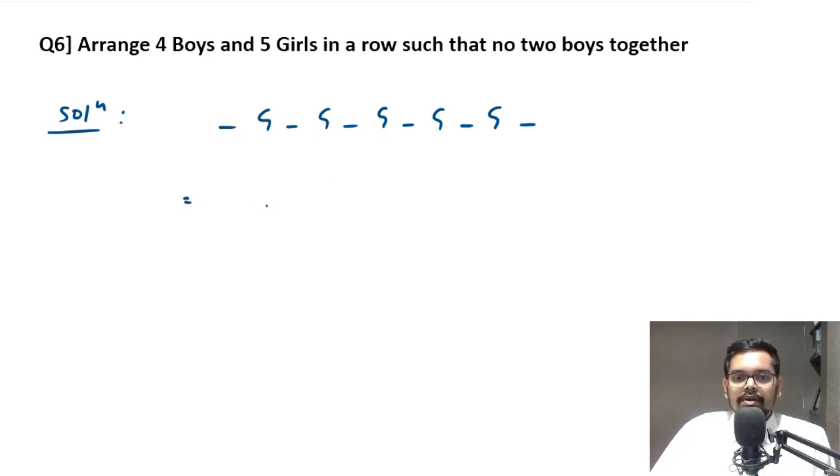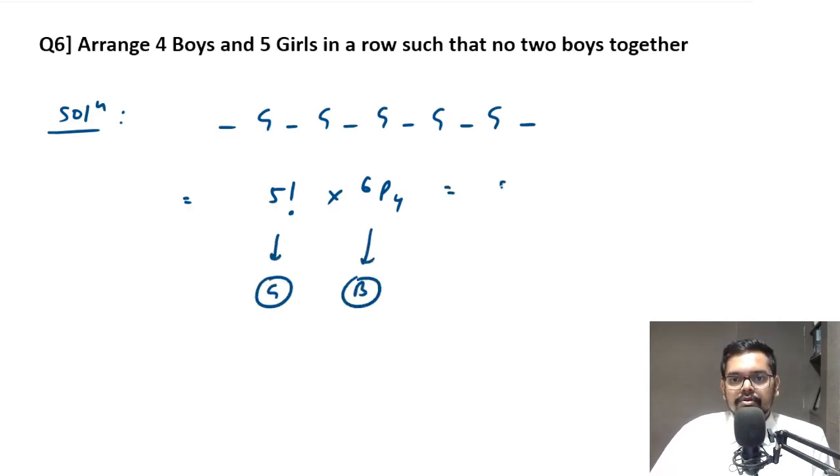So arrangement for the girls, 5 girls, 5 factorial ways, but for the boys we have 1, 2, 3, 4, 5, 6. 6 vacancies but only 4 boys. So 6 vacancies, 4 boys, 6P4 ways, right? So let me write it here. This is for girls and this is for boys. If you want to simplify, 5 factorial into 6 factorial by (6 minus 4) factorial, which is 2 factorial.